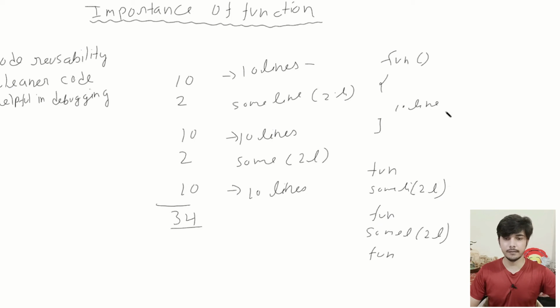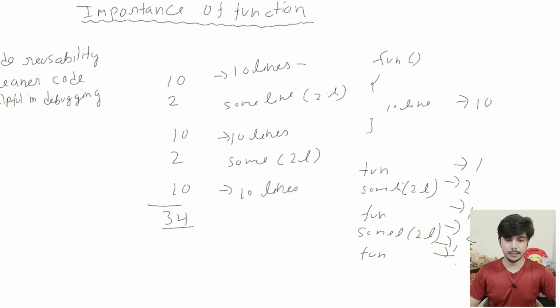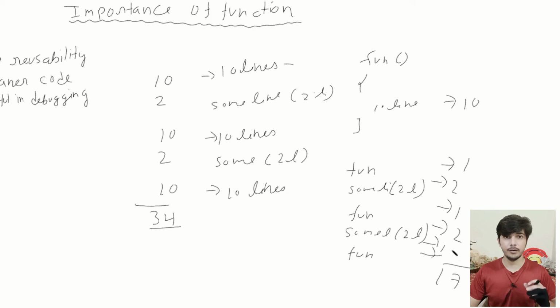But in this case we write 10 lines, and then 1, then 2, 1, 2 and 1, that is 10 plus 11, 13, 16 and 17. So it is reducing the total number of lines that we had used in our shell script. So whenever there is a certain logic or certain number of commands that are going to be repeated again and again, it's better to use functions there.